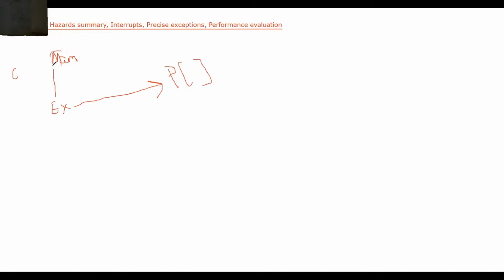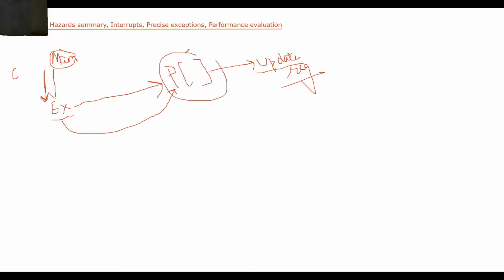When my main program was running, it was updating the registers, and during its execution an interrupt occurred. Because of that interrupt, we have to run some program, and this program will also update registers. So if my main program was writing to the registers, those registers will be written by this new program. That means whenever I am moving from the main program to some other program, I have to save the registers of the main program.